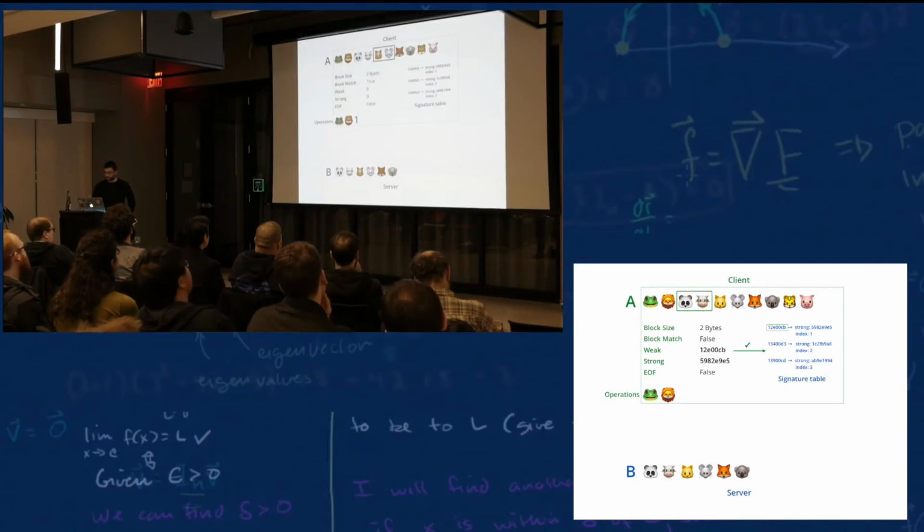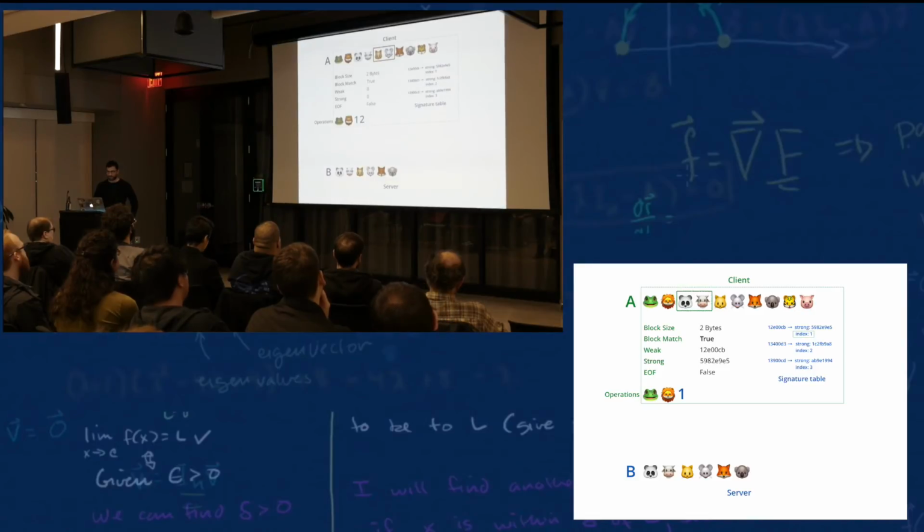So this time it's the turn for the cat and the mouse. It's probably not a great idea to have them together, but let's hope nothing happens. The weak signature is calculated for these two as well. Another lookup. Strong signature. Lookup. There's also a match, so the index is queued for these two.